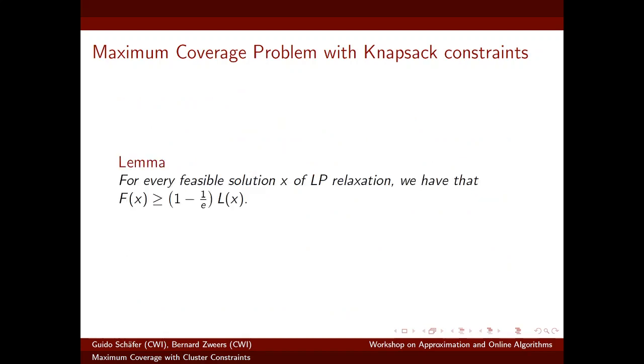The nice thing about this pipage formulation is that it's been shown before that the value of a feasible solution in the pipage rounding formulation is at least 1 minus 1 over e times the value of the solution in the LP relaxation.